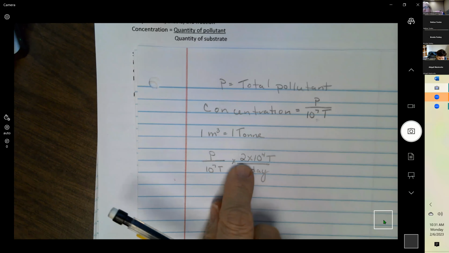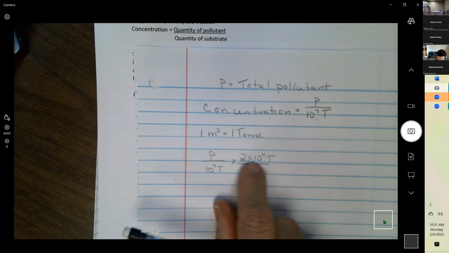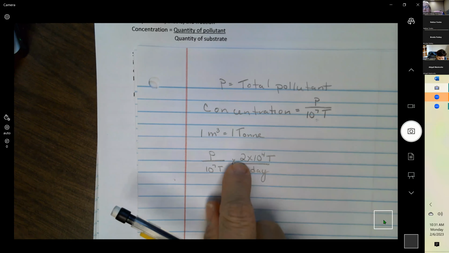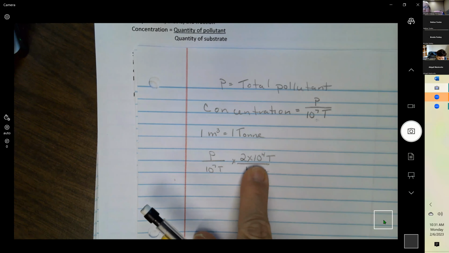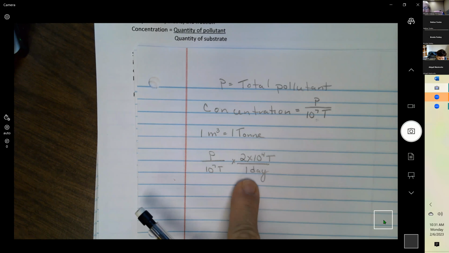So the 20,000 can be written this way, or we could have put 20,000 here, each day.